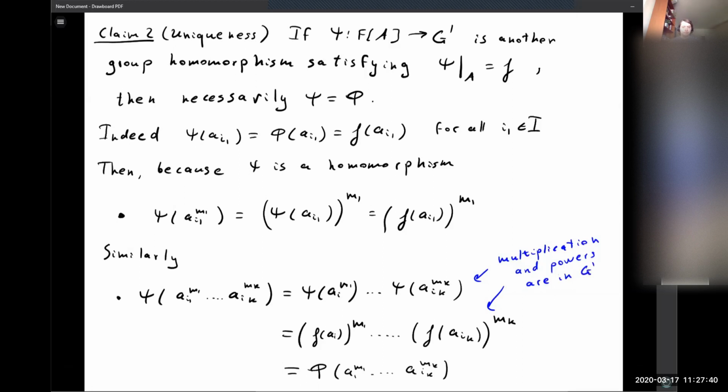Okay. So as functions, phi and psi must coincide, and that implies the uniqueness of the homomorphism. So this concludes the proof of theorem 1. Any questions so far?